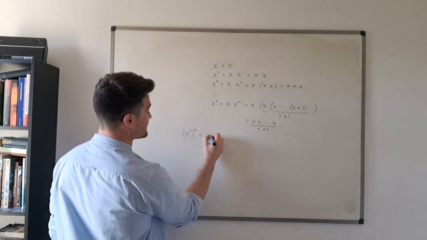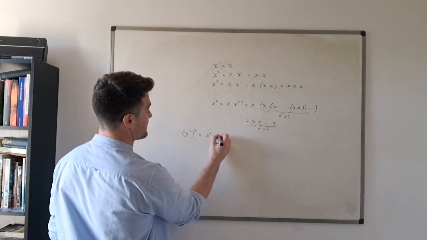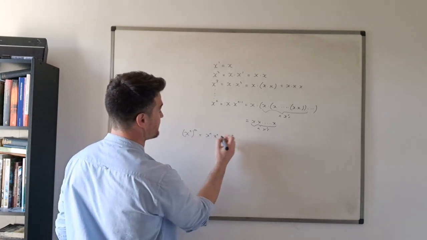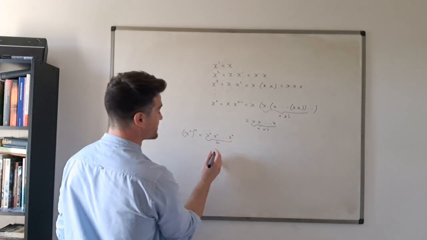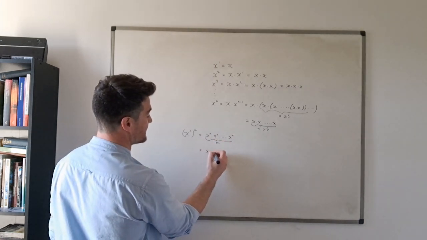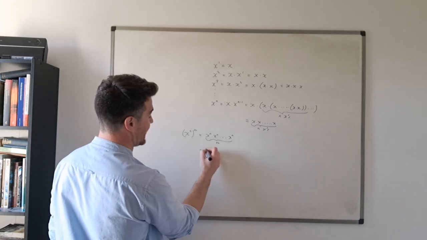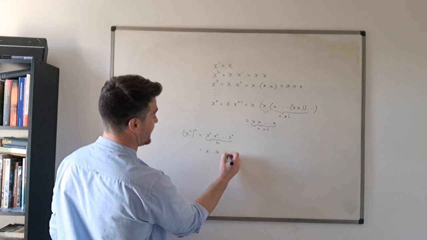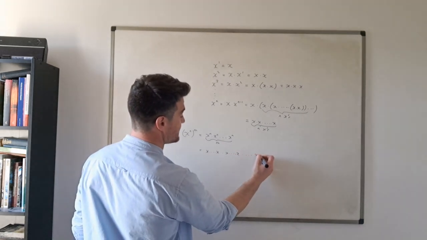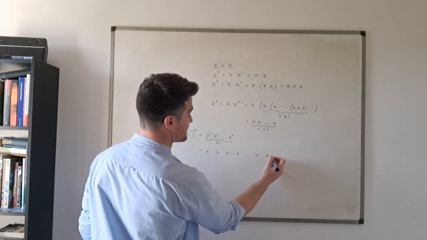So this is going to be x to the power of n times x to the power of n times x to the power of n, and there's m of those. And then each of these x to the power of n's can be written as x times x, n times.